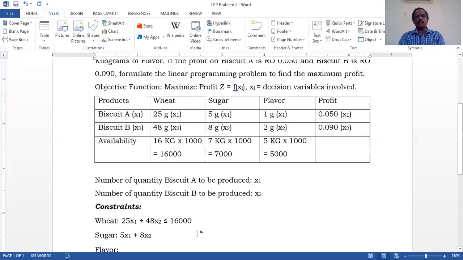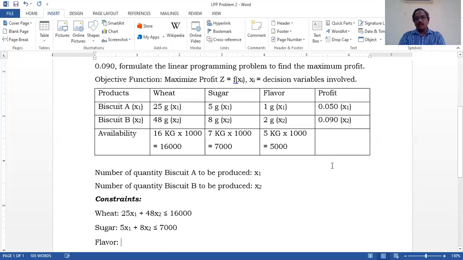Again, we are going to use the same less than or equal to. We are having 7,000 grams of sugar. Finally, this is 1x1 and this is 2x2. This is for flavor. Again, the maximum availability is given, so this is less than or equal to 5,000. So we form the constraints.